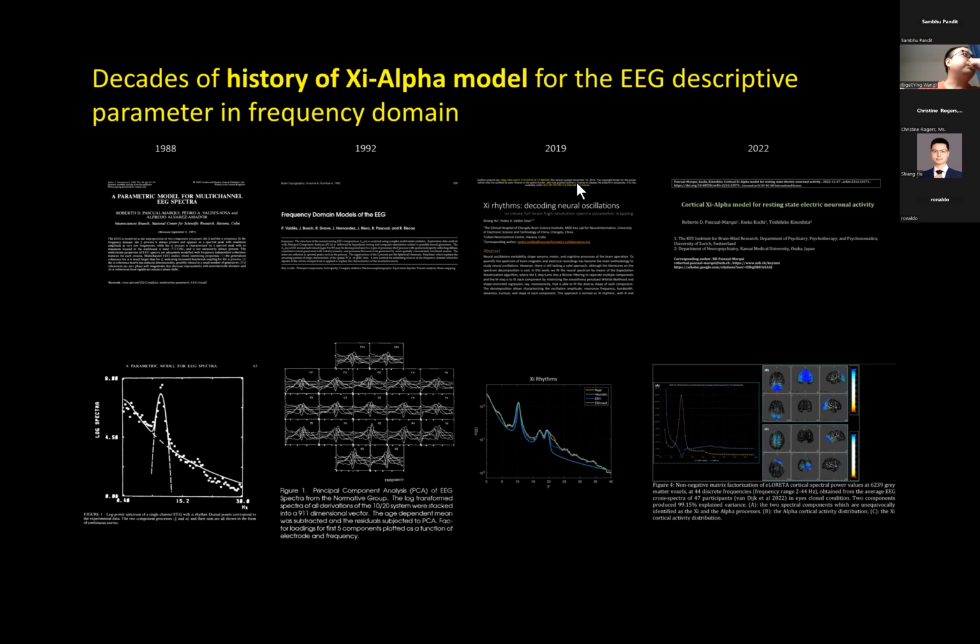And later on, Dr. Hu presented his Xi-pi model, which he published on arXiv in 2019, and later Pascual improved his method to get the surface-based source Xi-alpha model, which uses non-negative matrix factorization to get the Xi and alpha process in the source space.